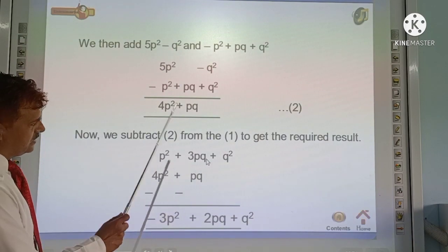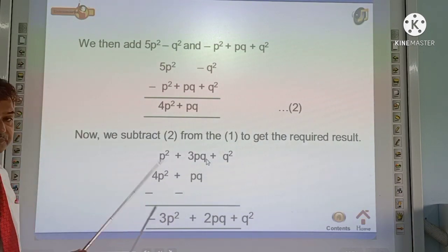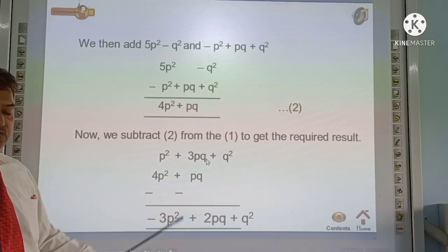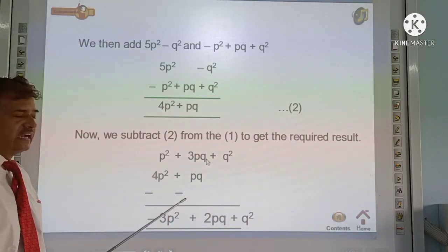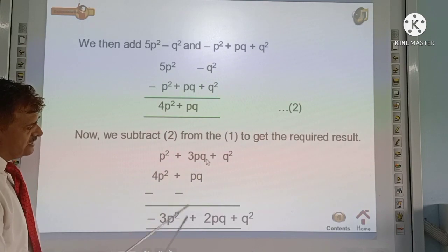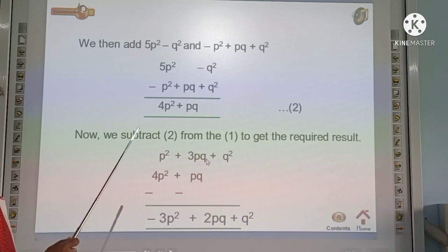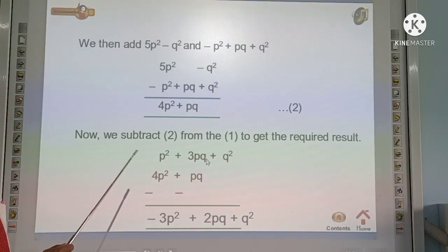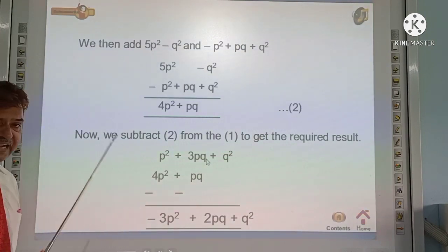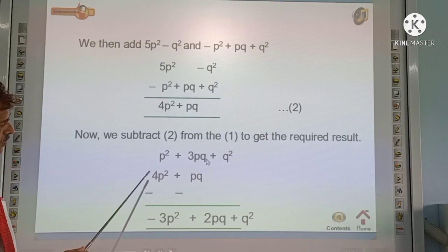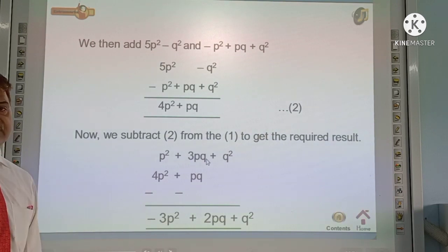Here is plus 3pq, here is minus pq because minus is the new sign of this pq, so it will be treated as negative. So 2pq is left here. And p square is positive, 4p square is negative. The minus sign is greater, so we put a negative answer. Negative 4 minus 1 is equal to minus 3p square.